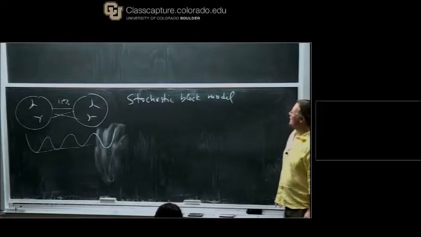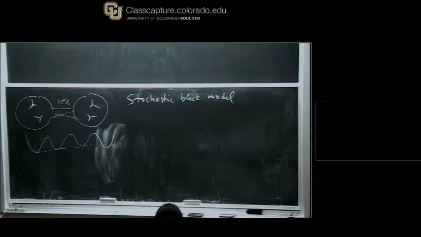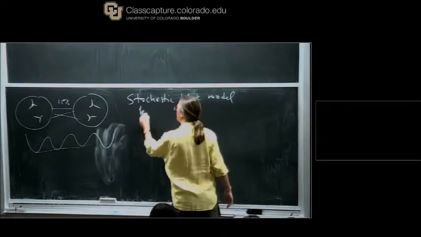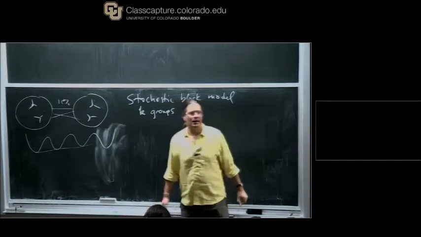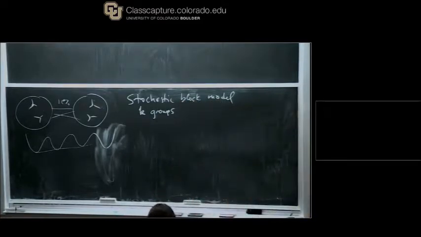Okay. So here's the idea. We're going to have K groups. So think of this, it's going to look very quickly to you like a K-state Potts model. And there's a huge question about how to figure out how many groups a network has.